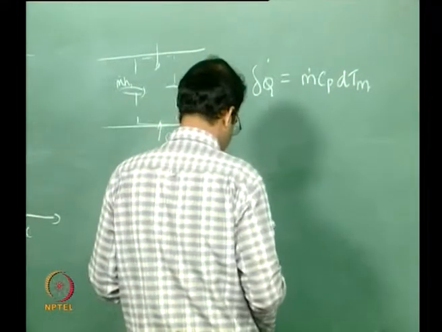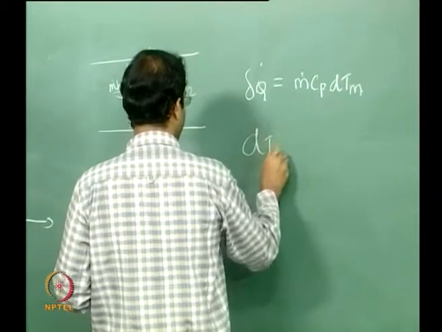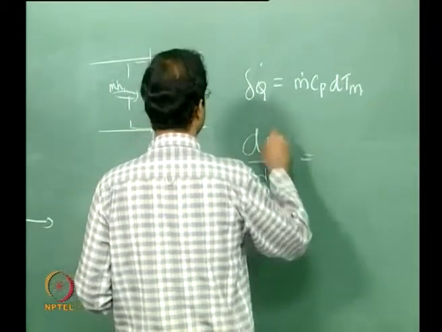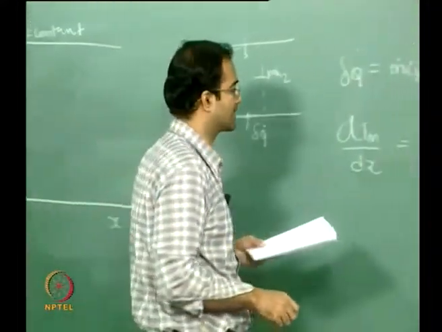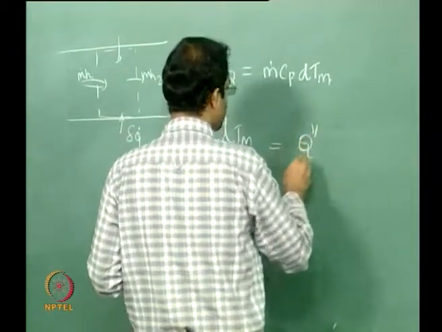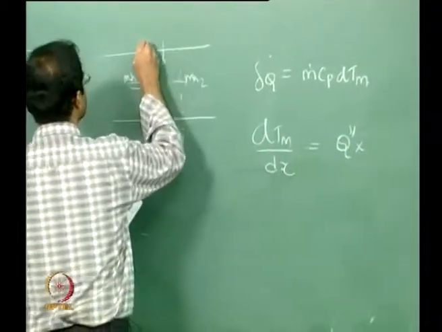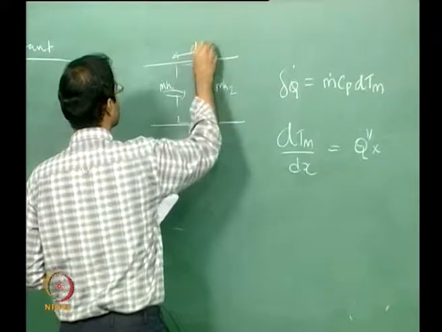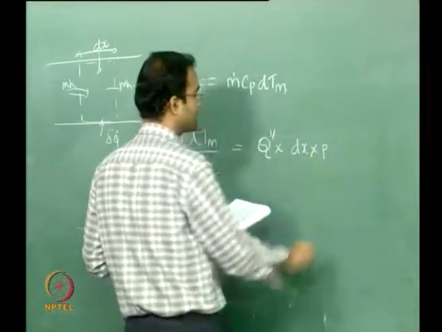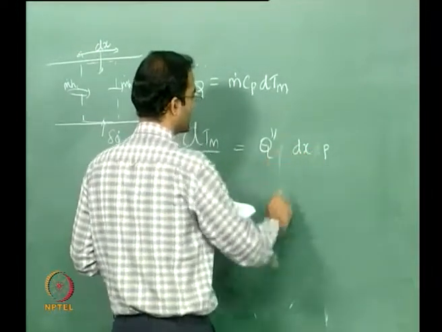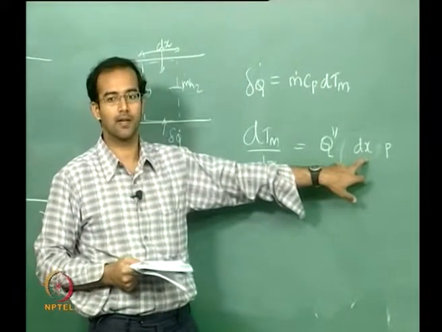Now I can just divide everywhere by dx. So dTm by dx will be equal to the heat transfer rate, which can be expressed in terms of heat flux. You can write this as Q double prime, in watt per meter square, into dx into the perimeter, if you assume that the control volume has a differential length dx. This will be your surface area where you are adding heat.